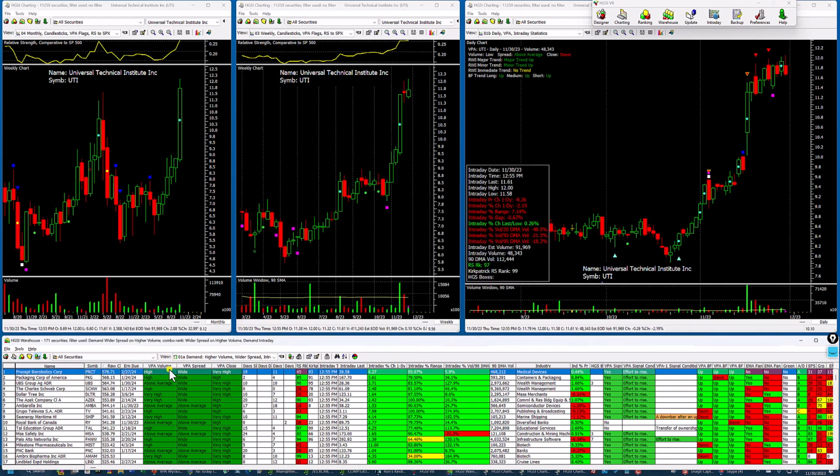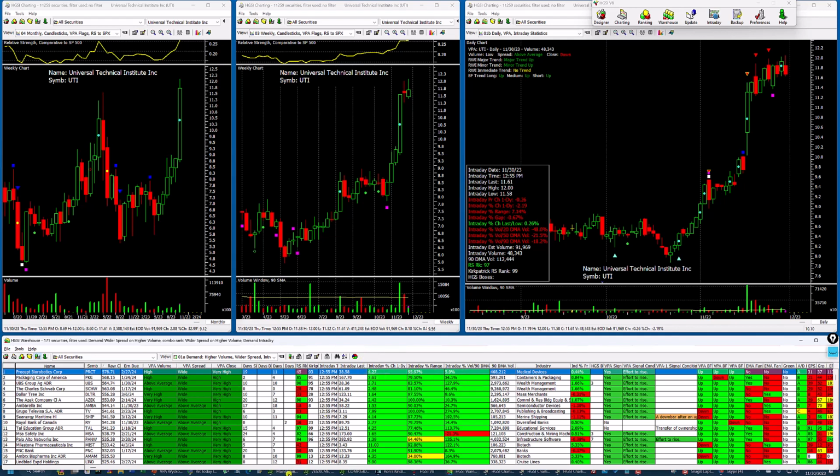Now, these three columns right here are based upon last night's closing prices. There are several views to go through on the demand side, and I'm going to go through each of them quickly. But like I said, this is last night's information. This information over here where it says intraday is what's happening in the market today.